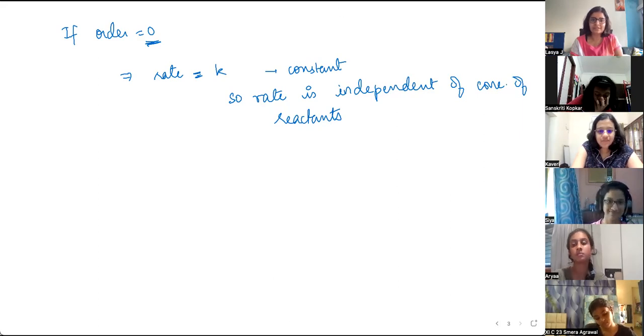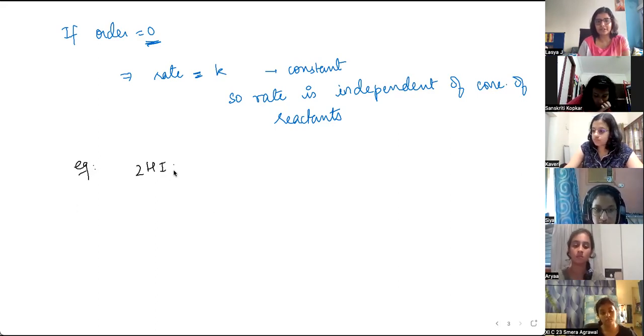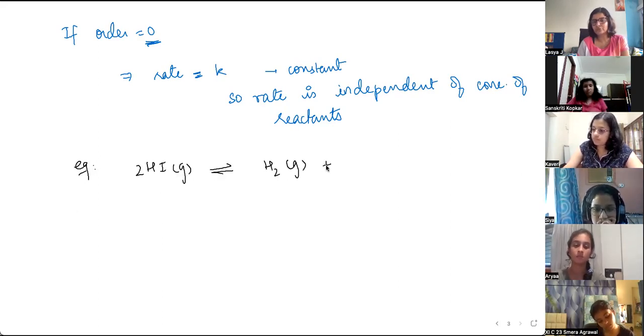So one of the previous examples that we saw, decomposition of HI is a zero order reaction. So 2HI decomposing into H2 and I2 is a zero order reaction.